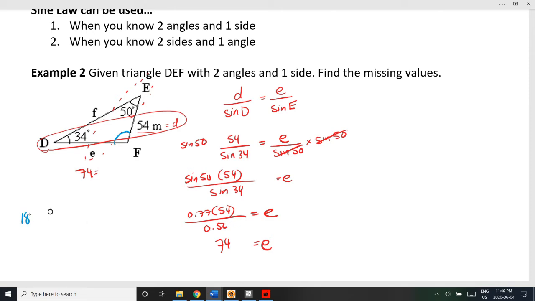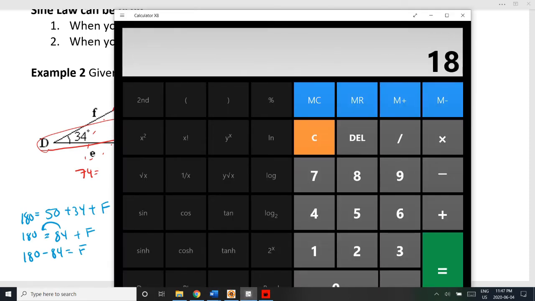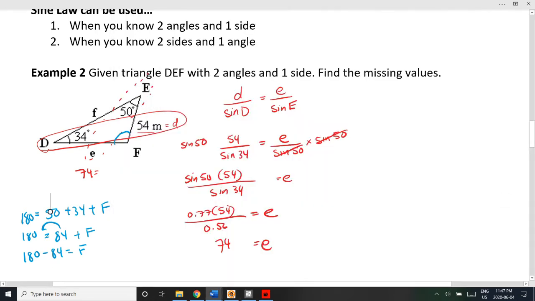So 180 is equal to 50 degrees plus 34 degrees plus angle F. 50 plus 34, that's 84, plus F is equal to 180. We'll move the 84 to the other side, as per usual, so F is equal to 180 minus 84, which is 96. So angle F is equal to 96.